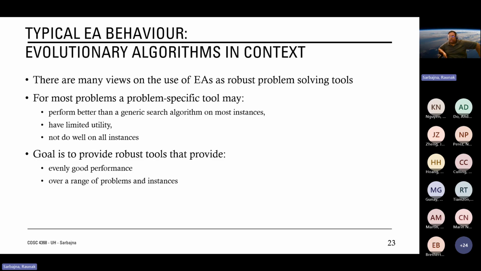Now, what evolutionary algorithms do well is that, no matter what kind of search problem you're using them for, they provide you a very good baseline, and that is sometimes very much needed. Just as in search problems, breadth first search is going to give you a very good baseline.